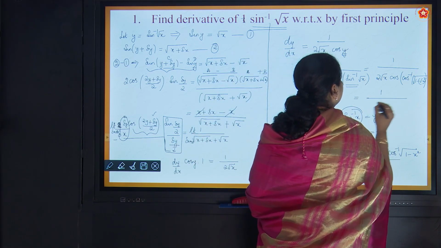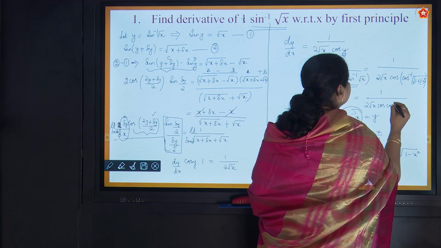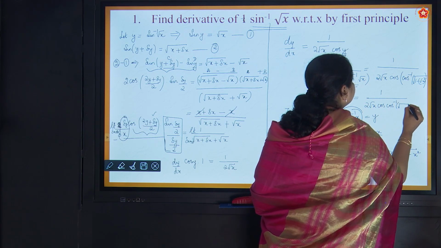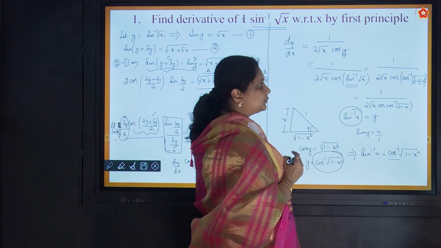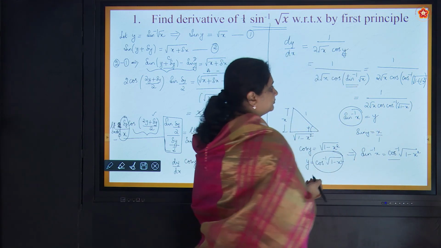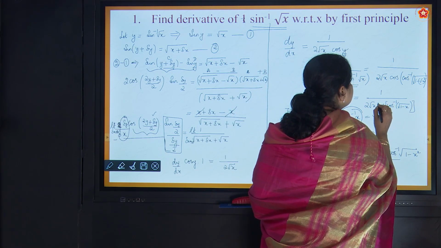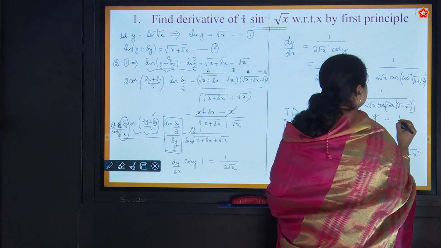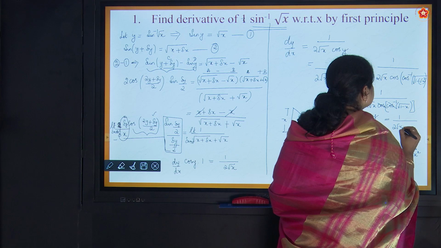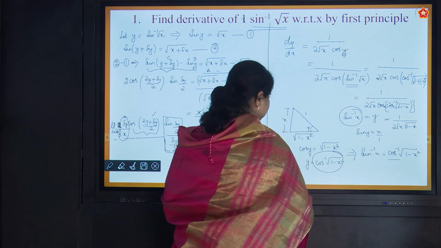I get 1 by 2 root x into cos of cos inverse of root of 1 minus x. Am I right? Root x the whole square is x. So now cos and cos inverse are inverses of each other. It gets nullified. Okay. So I have 1 by 2 root x into root of 1 minus x as my dy by dx.